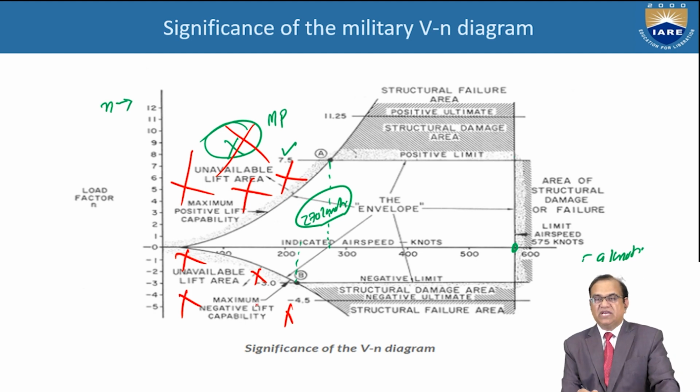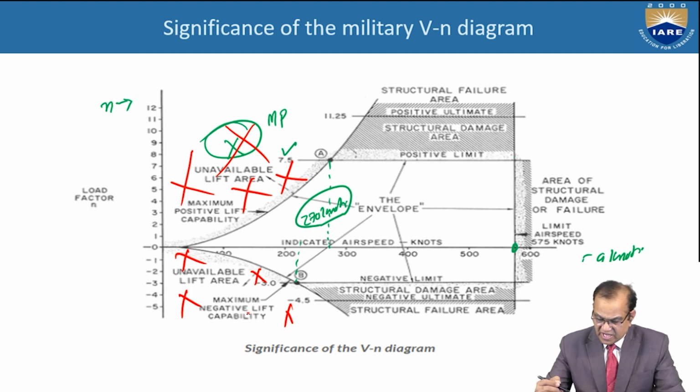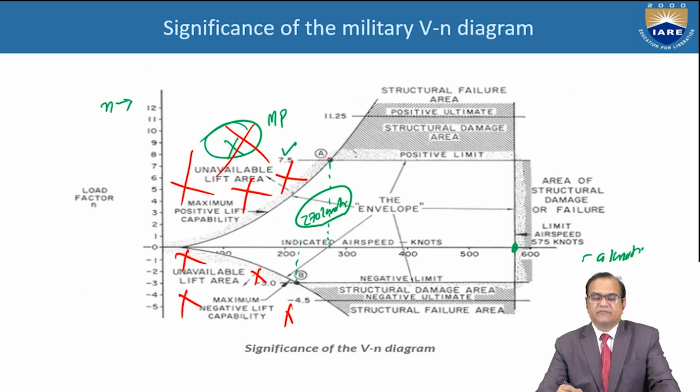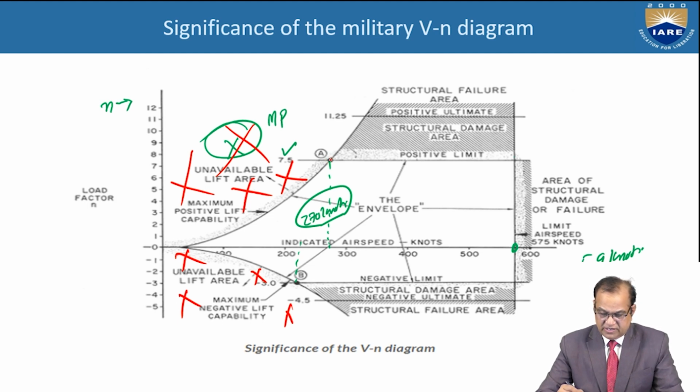Here your lift will be very much less. If your load factor is increasing to this, it is 7.5, and you are going above this, structural failure, damage, positive limits may take place, but if you go beyond this, 100% failure will be there.